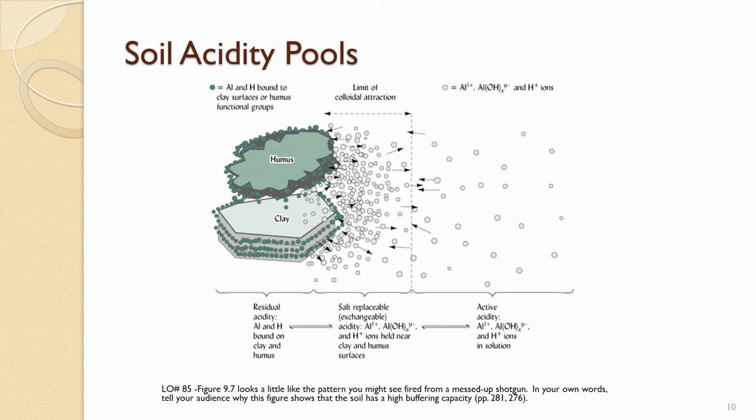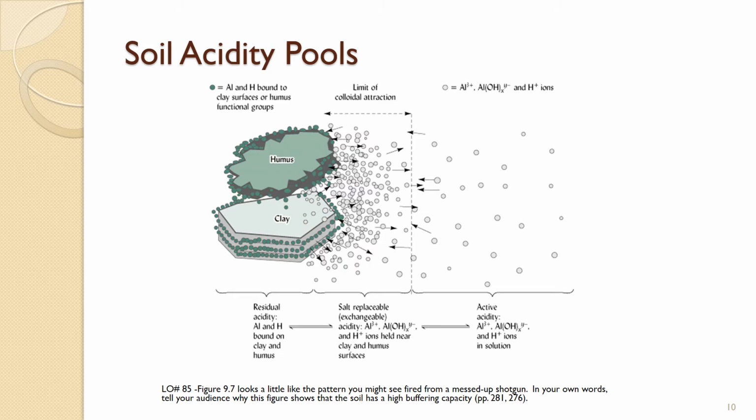Anyways, moving on to active acidity. These are the ions in solution. This is the cash in your pocket, okay? So this is very easily spent. It's not really attached to anything, just hanging out in your pocket, okay? So active acidity are ions in solution, cash in your pocket. Salt replaceable or exchangeable acidity are the ions held near the surface.